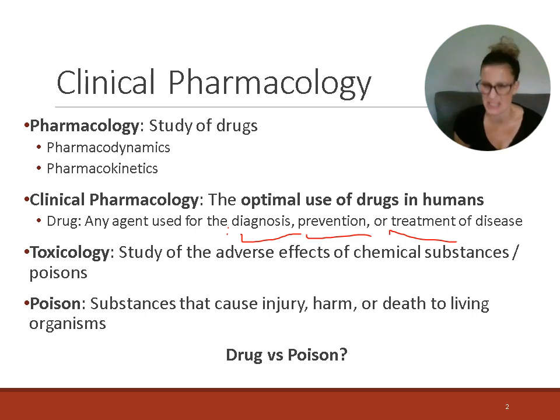Under that definition, can you think of a single drug that is not capable of being a poison? Anything. I cannot think of one drug that can't cause harm if used improperly or in the wrong patient. Everything can cause harm in the right concentration or quantity.